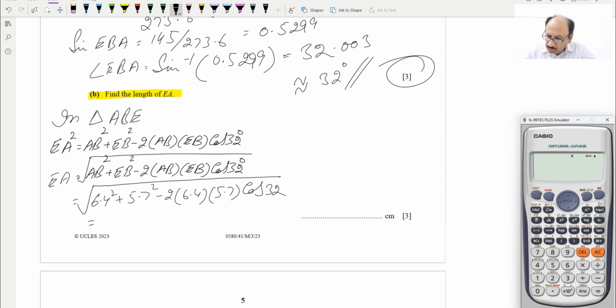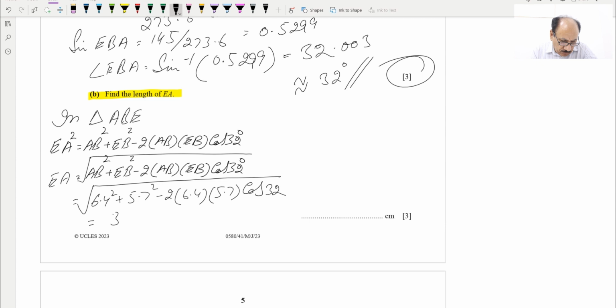So this will be the square root of 6.4 squared plus 5.7 squared minus 2 into 6.4 into 5.7 and cos of 32. So cos of 32, bracket close, and this is equal to 3.40.